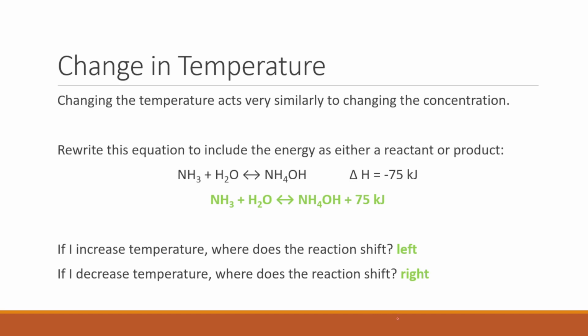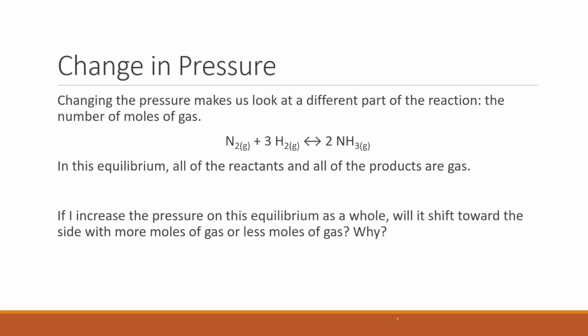The last of these three changes that cause shifts is a change in pressure. A change in pressure is a little bit different from the other two because a change in pressure only looks at the moles of gas on either side.